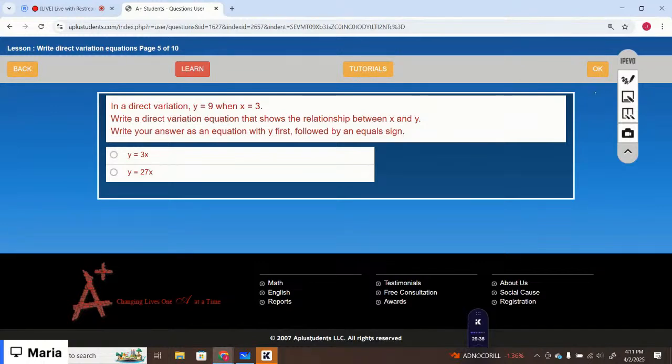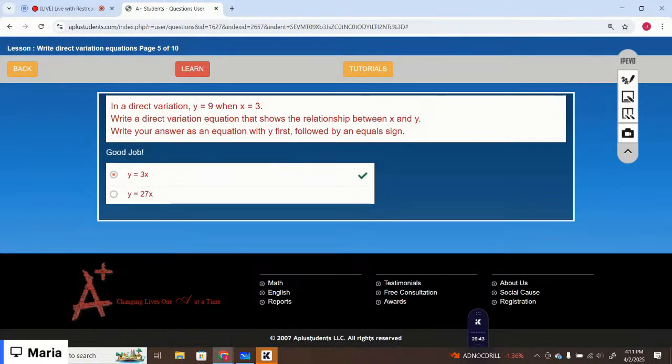That is y equals 3x. Option number 1 is the correct option.